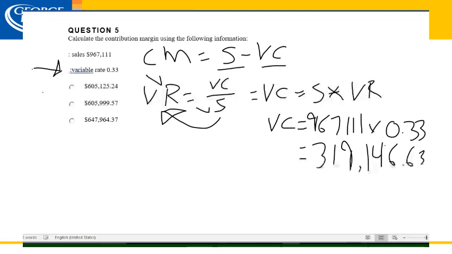Going back to our contribution margin formula, we now have our sales, and we now have our variable costs, so we can now solve for our contribution margin.